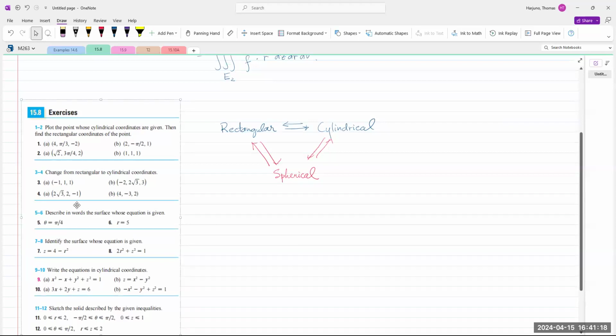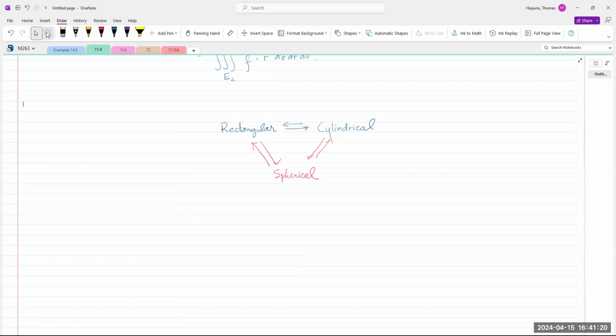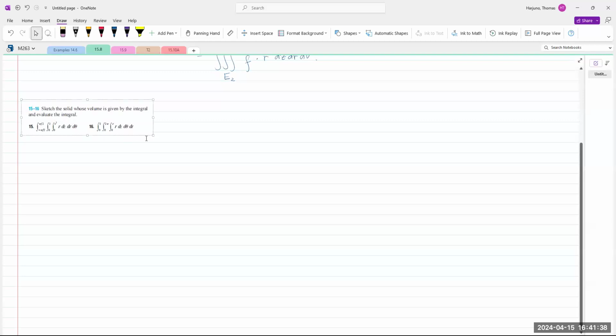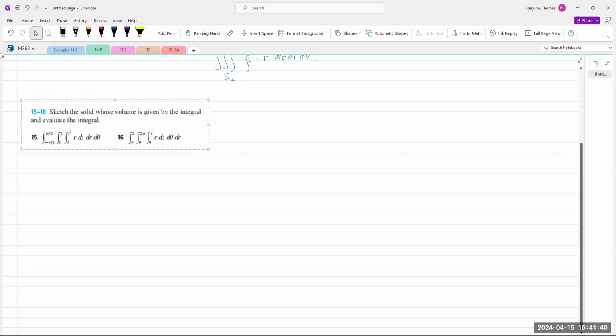Okay, let's go on to the integration parts, the one that we need to do integration. Let's say we do number 16. Number 16, sketch the solid whose volume is given by this integral and then evaluate the integral.